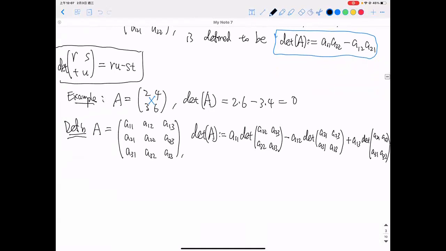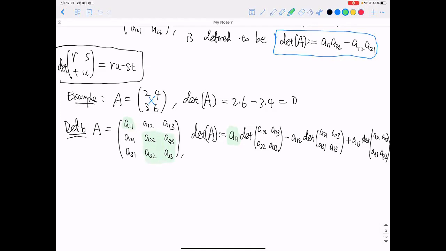And let's first of all see how this is constructed. Here we go. So we have A11 here, and I'm multiplying A11 by the determinant of some 2 by 2 matrix. It's the 2 by 2 matrix you get by deleting the column and the row containing A11.